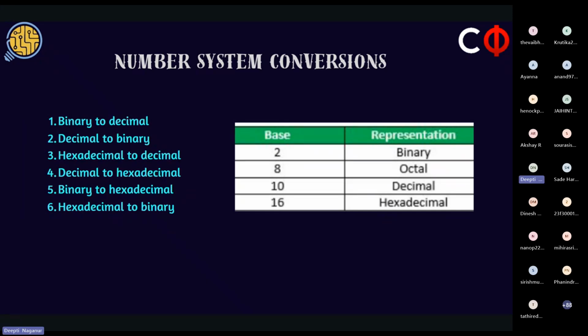So let's come to number system conversions. Now there are different types of systems. The first one that we studied was binary. Then decimal, hexadecimal, octal and all that. So what do these systems mean? They are basically the number of factors. Here the base in the first column is the number of factors. In binary, the factor is just 0 or 1. And in decimal, the factors are 0, 1, 2, 3, 4, 5, 6, 7, 8, 9.